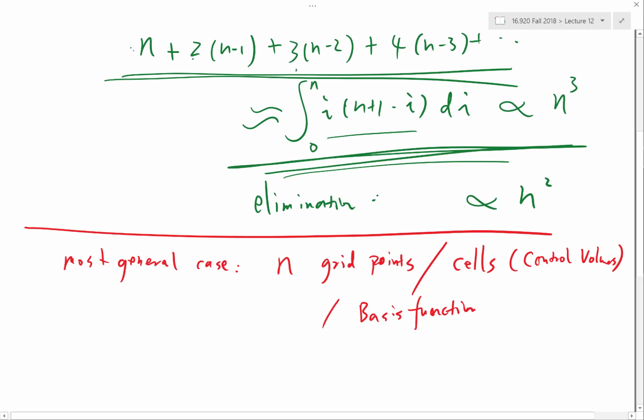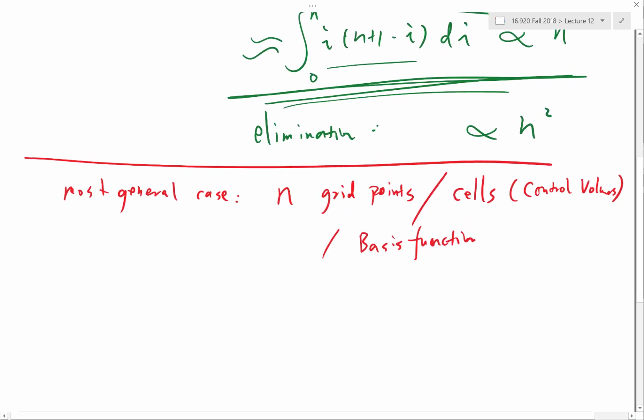So if you have n basically degrees of freedom, my cost is about n cubed. So this is actually a lot worse than what it looks on paper.